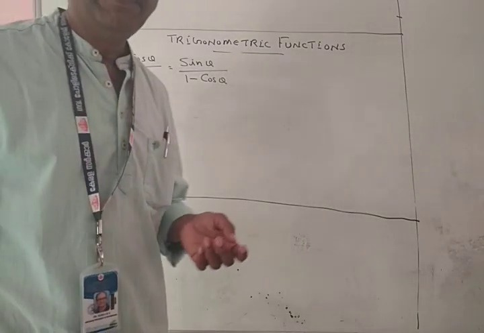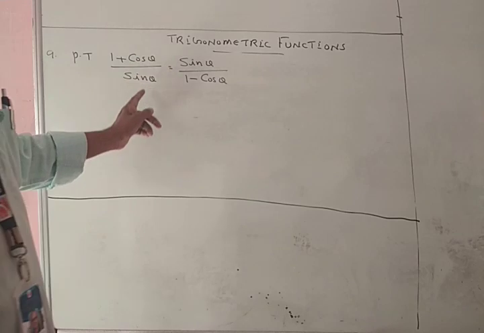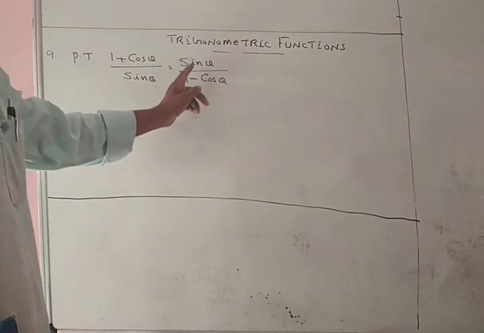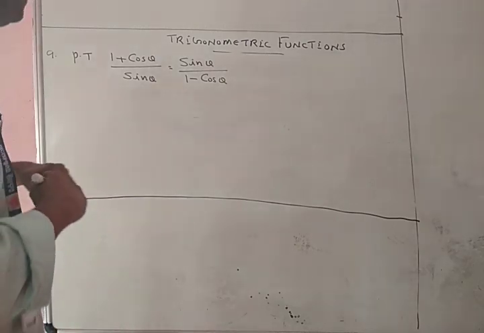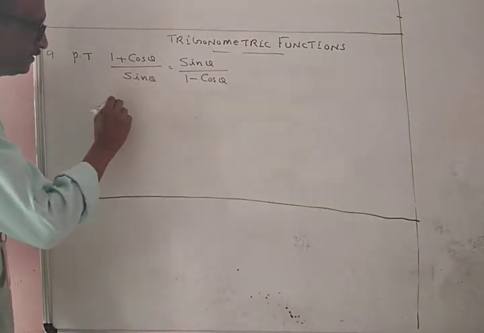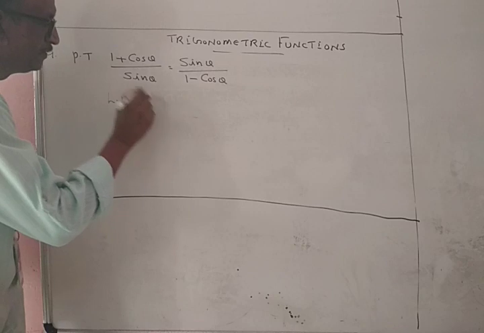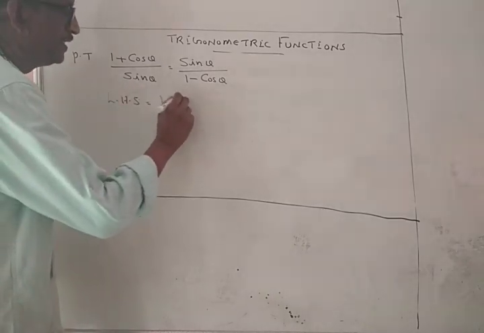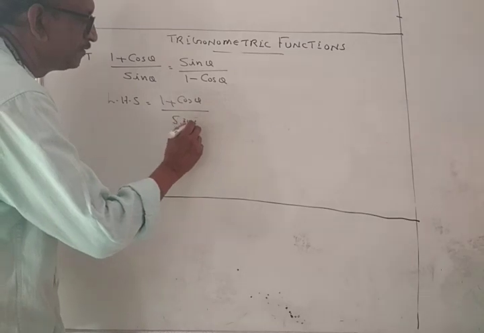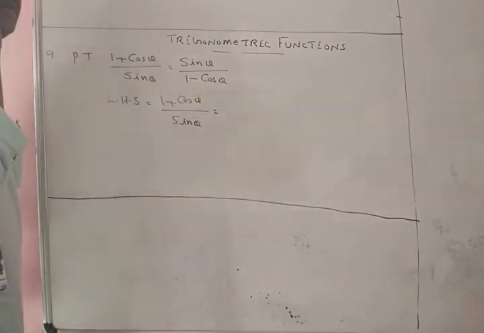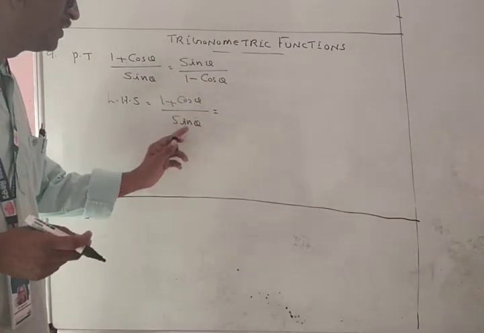So ninth problem, prove that (1 plus cos theta) by sin theta is equal to sin theta by (1 minus cos theta). Take the left side, (1 plus cos theta) by sin theta, which is equal to, here 1 plus cos theta, here sin theta.